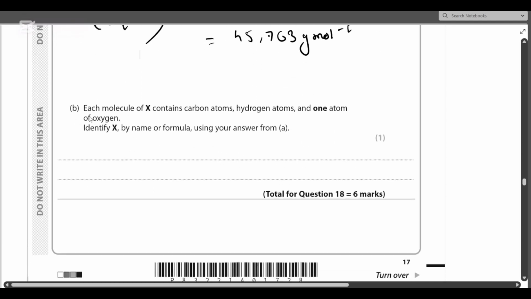Moving on, each molecule of X contains carbon atoms, hydrogen atoms, and one atom of oxygen. Identify X by name or formula using your answer from A. They said each molecule of X contains carbon atoms, hydrogen, and one atom of oxygen.